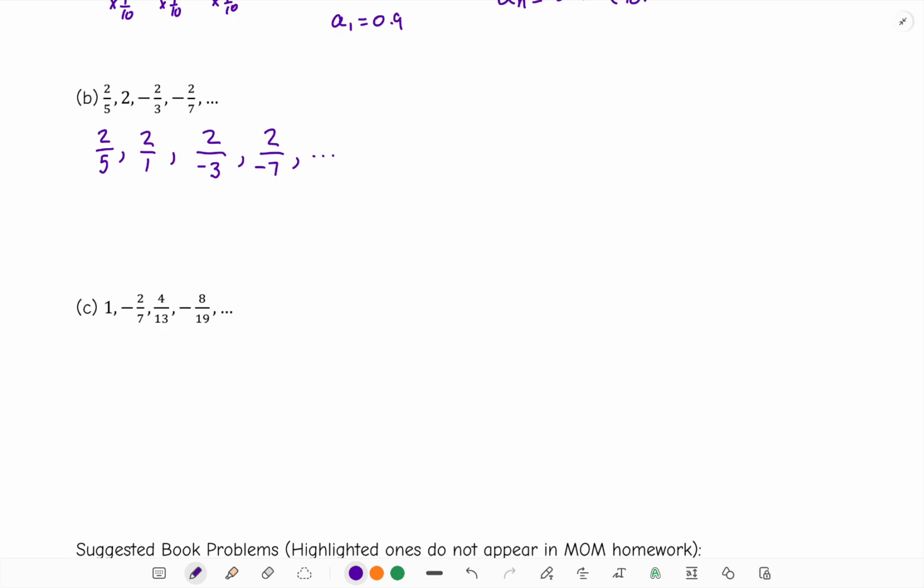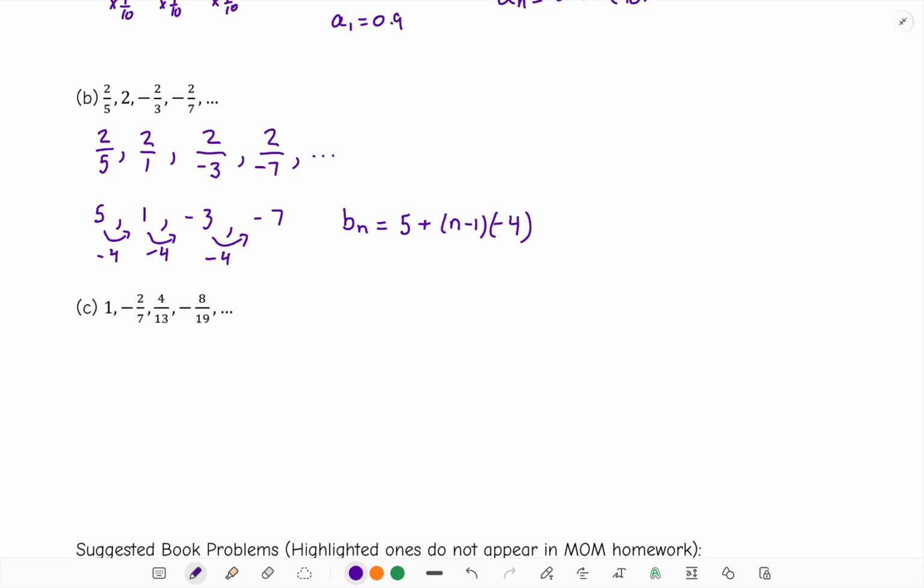But the denominators, which are 5, 1, -3, and -7, well, that comes from adding -4 each time. So the denominators, which I will call Bn, would be a1, which is 5, plus n minus 1 times d, which is -4.